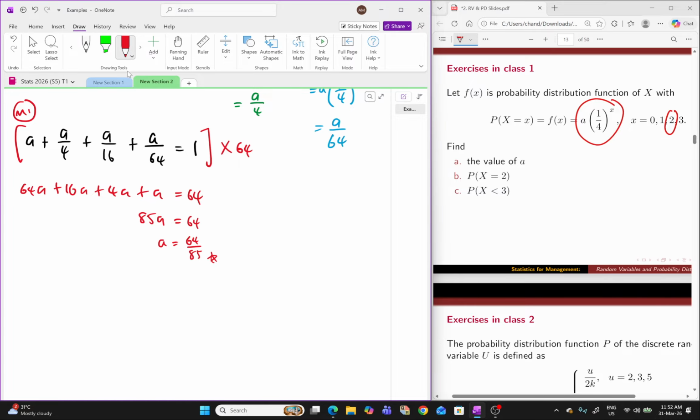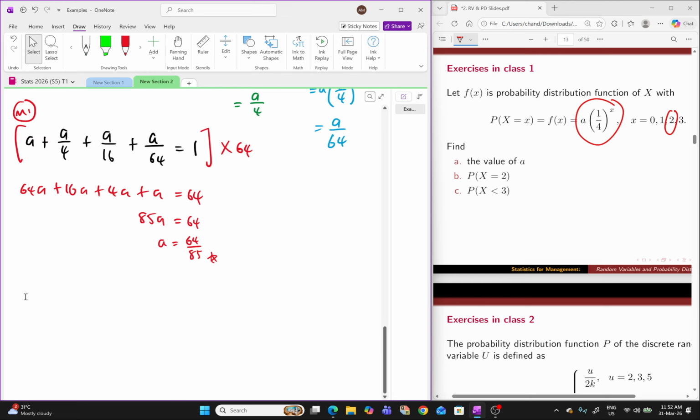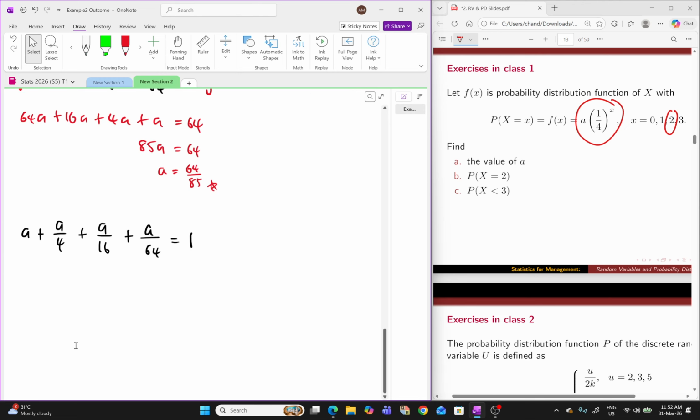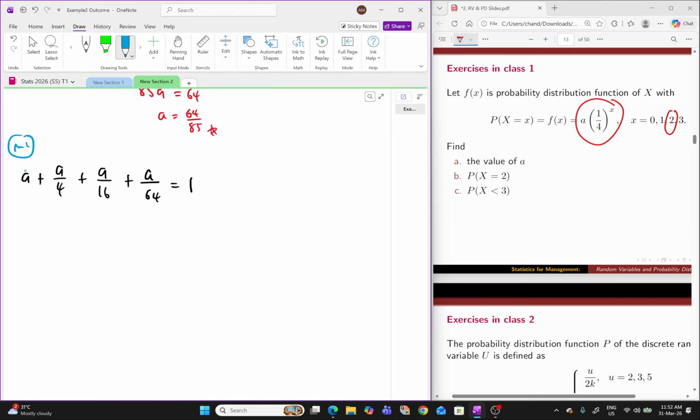One more way is almost the same, but if you notice here, the coefficient here is 1, and this one is 1 over 4, this one is 1 over 16, this one is 1 over 64.